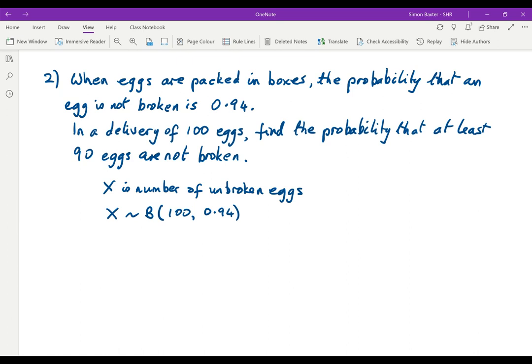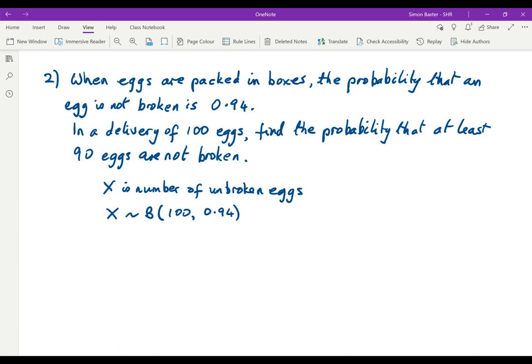Only two outcomes, broken or not broken. And if we assume we don't drop the same box of eggs, then there will be independence between trials. Well, B(100, 0.94), at least 90 eggs. That's 90, 91, 92, 93, 94, and so on. Rather tedious to work out.